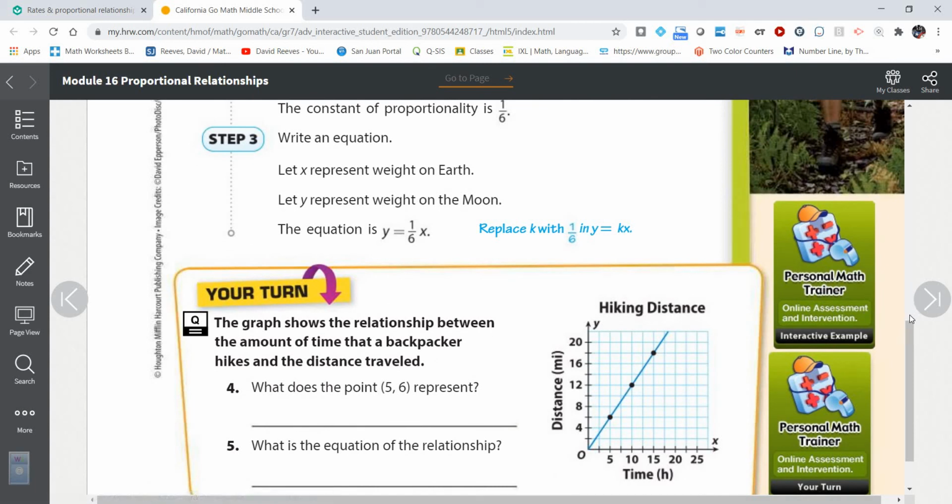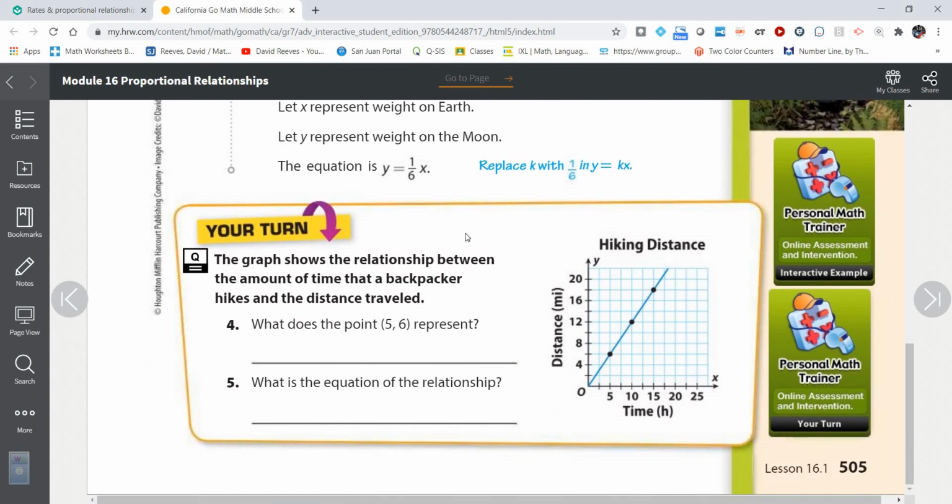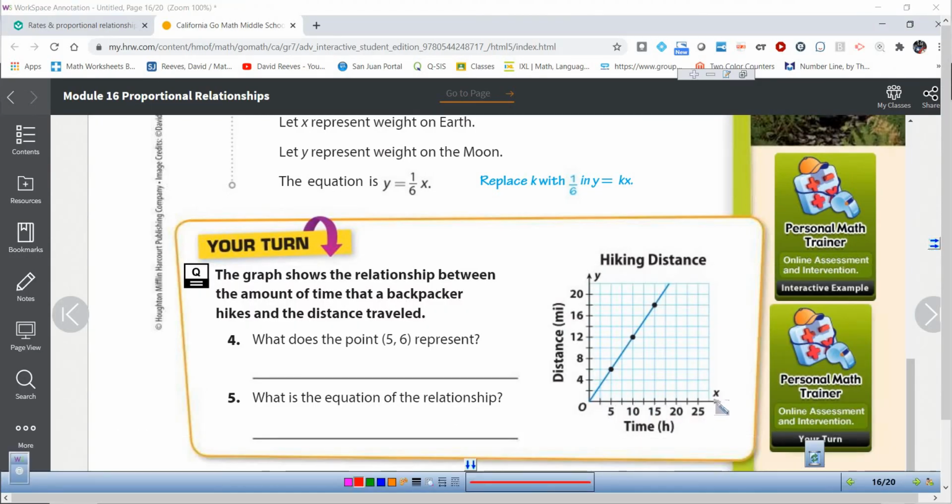Okay, so let's take a look here. It says the graph shows the relationship between the amount of time that a backpacker hikes and the distance traveled. Okay, so the time is on our x-axis and the distance is on our y-axis. So this point right here is 5, 6, right?